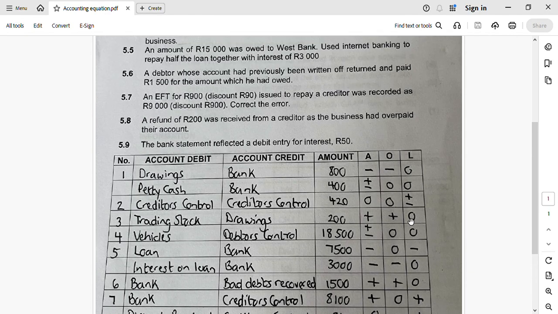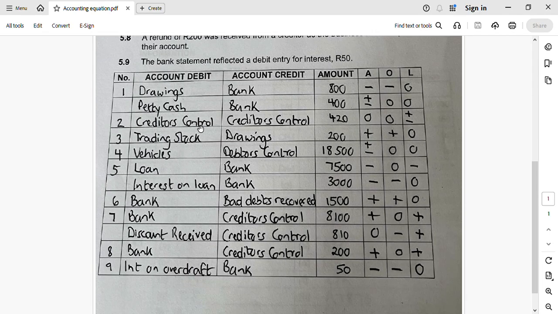Then a refund was received from a creditor as the business had overpaid their account. In this case, this looks a little bit strange when you have a look at the answer. I think it's easy enough to understand that you are debiting bank because you're receiving money and your asset goes up. Now it looks like we're increasing our creditors control because we are going to credit that.